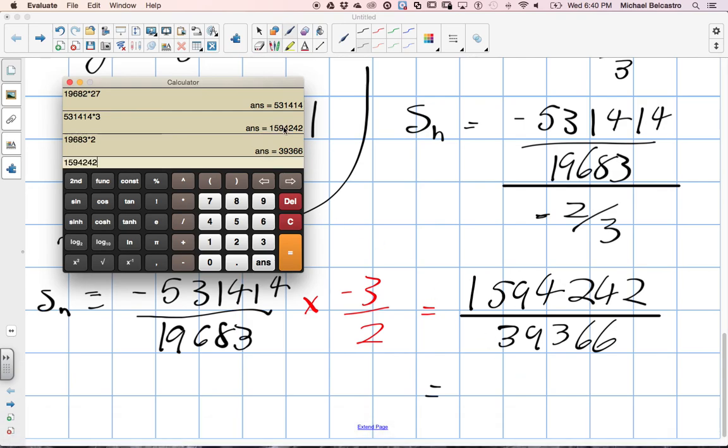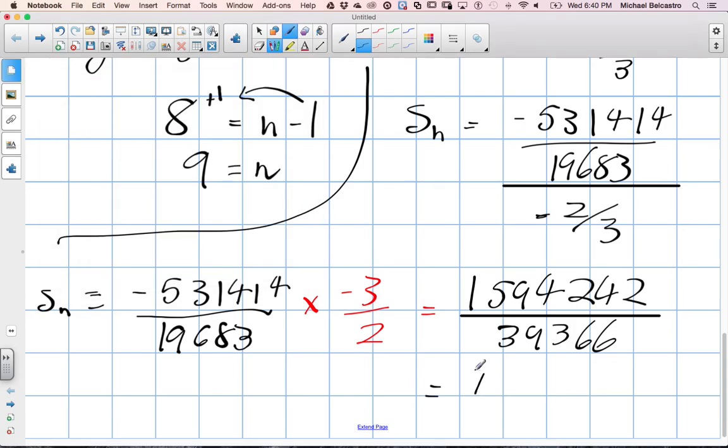So we take these values and actually divide them. About 40.5. Yeah, so about 40.5 when you work it all out.